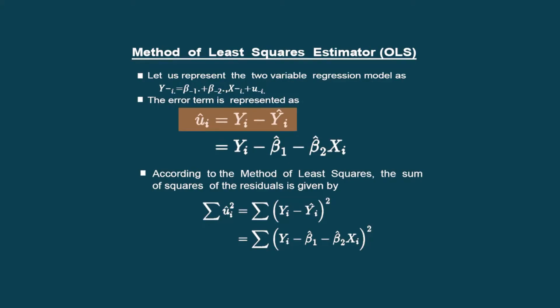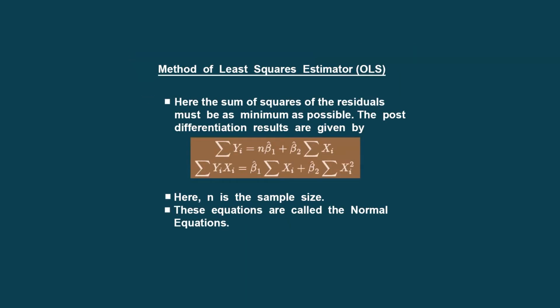The error term u_i hat is the difference between the actual value and the predicted value, and we sum the squares of that. By substituting the expression beta 1 plus beta 2 x_i, we get the normal equations, and after solving them or differentiating, we get the estimated values of beta 1 and beta 2.